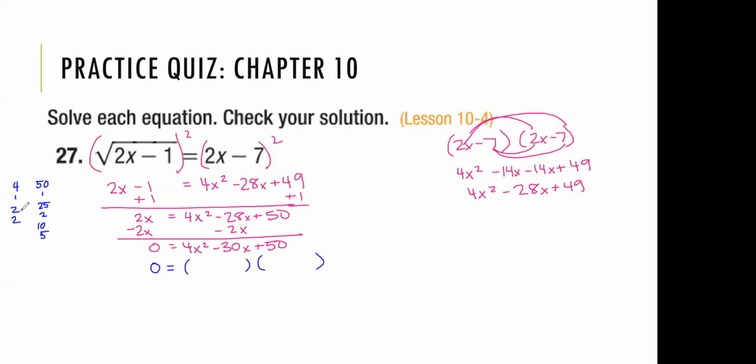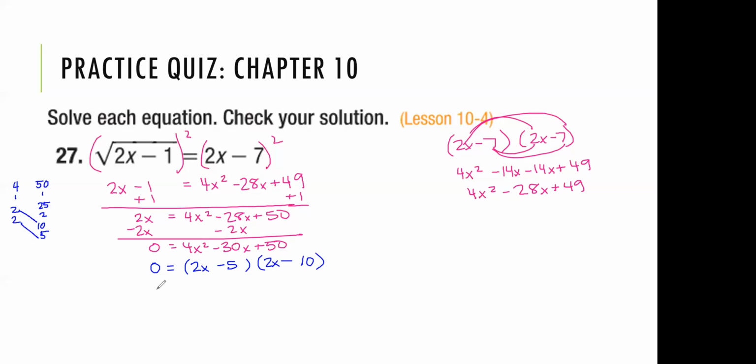That happens when I multiply 2 times 10, that is 20, and 2 times 5 is 10. If they're both negative, negative 20 plus negative 10 would be that negative 30 that I need. So my terms here are 2x and 2x, and I have negative 5 and negative 10.